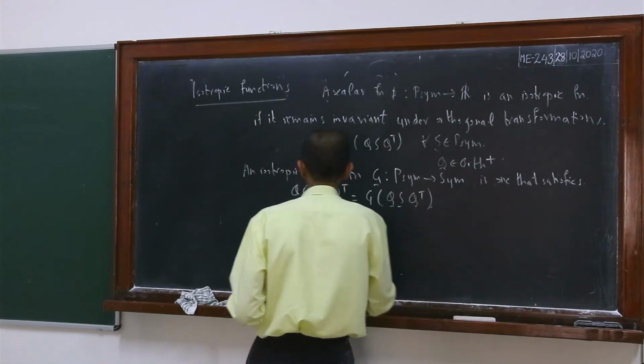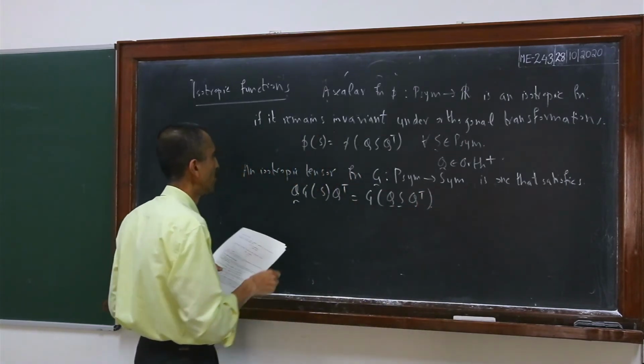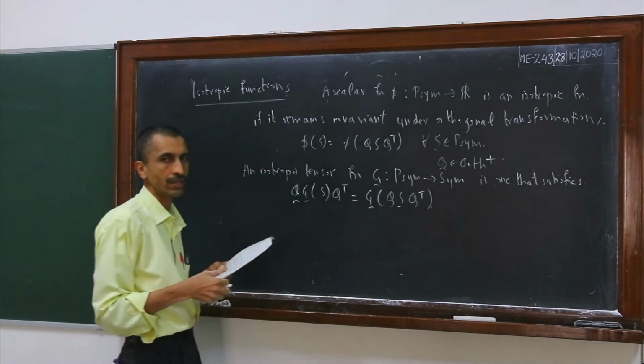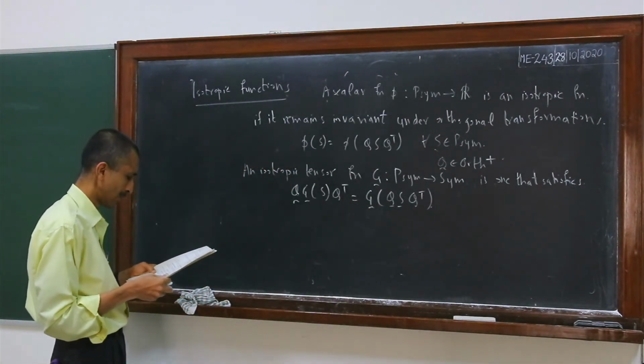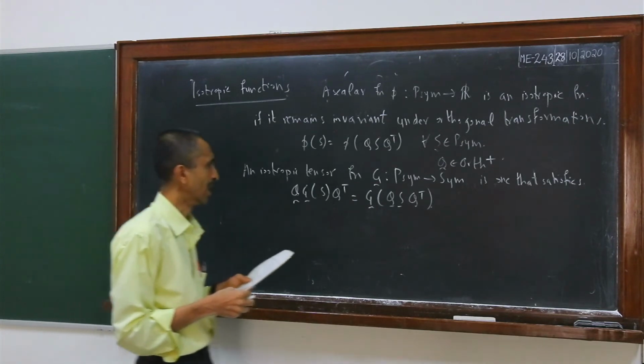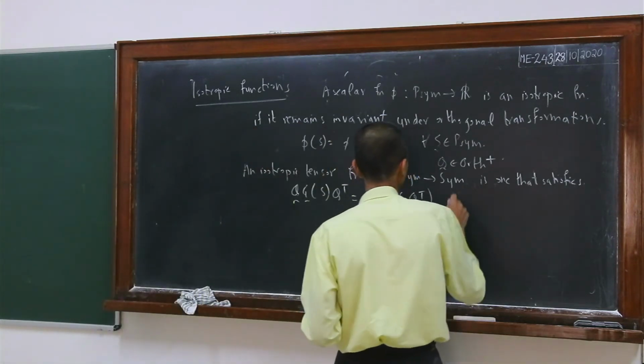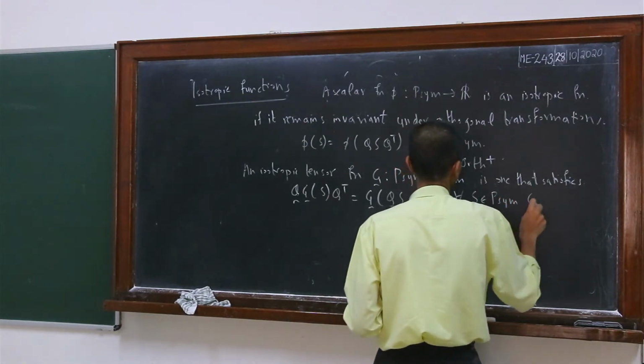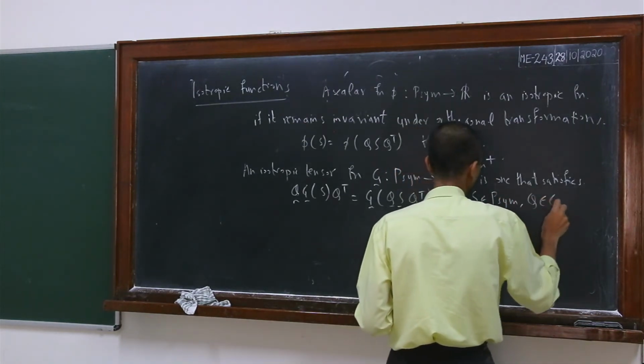Okay, so this is the definition for a tensor valued function. So this G is now a second order tensor function of S here, and so we define an isotropic tensor valued function in this particular way. Okay? So S belongs to P sym and Q belongs to the orthogonal class.